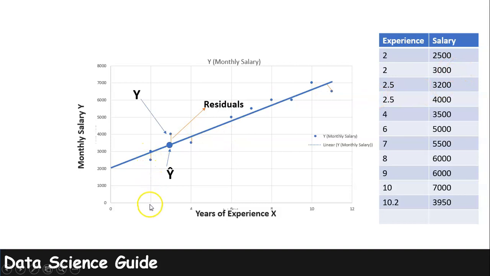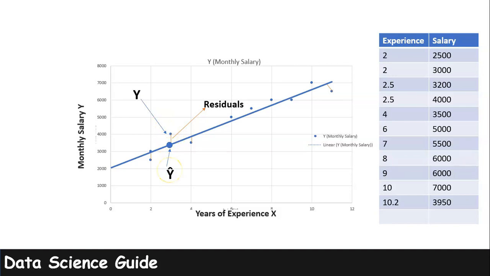Every 2 years experience, 3,000 salary. But this is not always correct. We have one of them at 3,000, but the other one is 2,500. And the same thing here, for example, this point at 3 years is predicted to have a salary of about 3,500, but actually it is 4,000. So that's why we find a gap between the actual value and the predicted value.